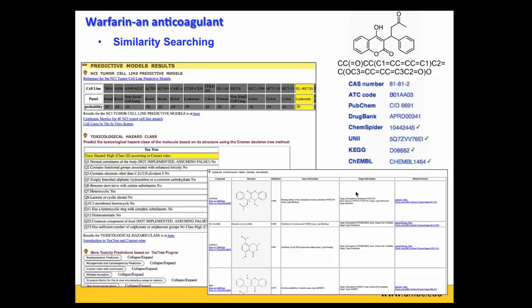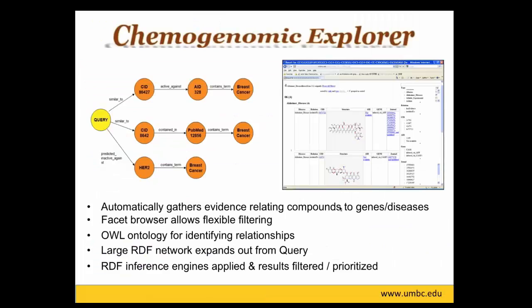So this is just a very brief introduction about the WENDI. Then I want to move to the Chemogenomic Explorer I mentioned before. Like I mentioned, we have aggregated a huge amount of information regarding these chemical compounds. So we're thinking whether we can identify some novel associations from these aggregated results.